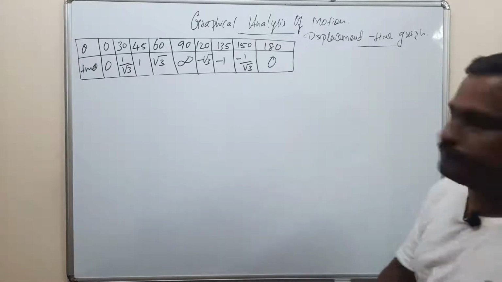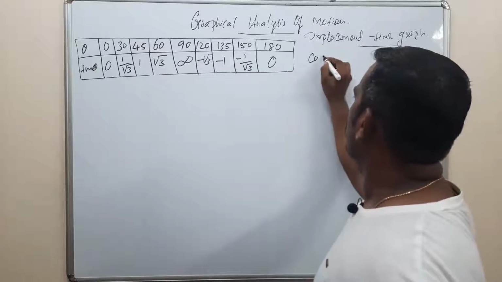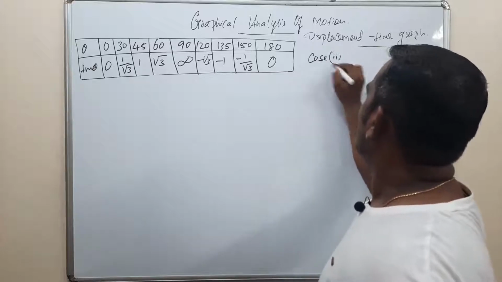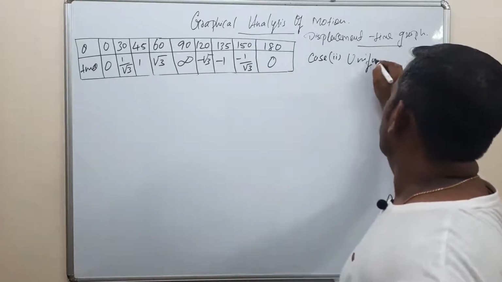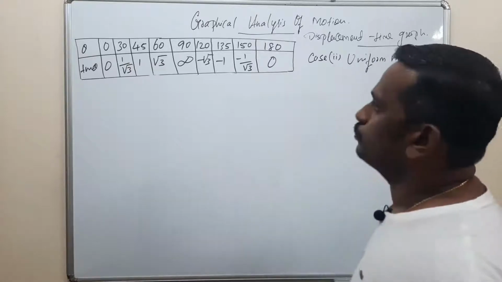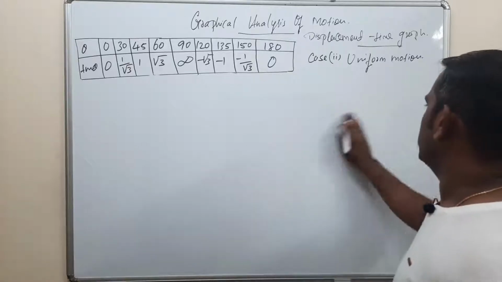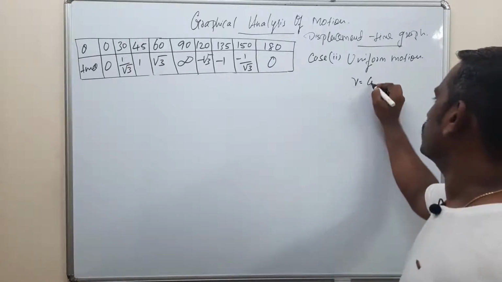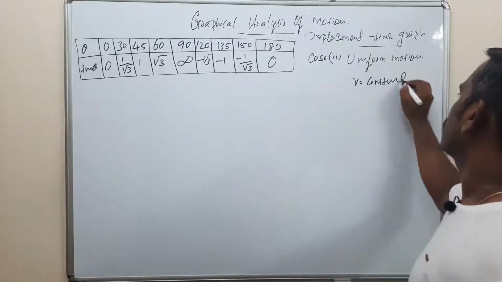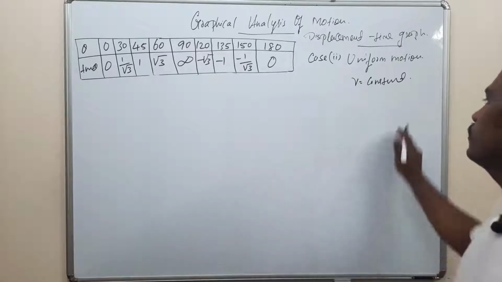Then case 2, uniform motion. Uniform motion means velocity is constant.